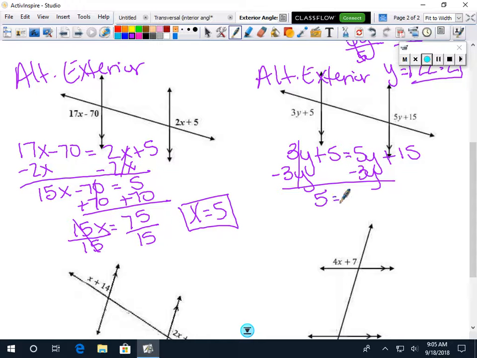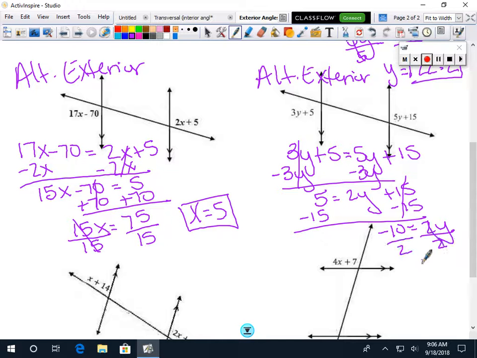I get 5 is equal to 5y minus 3y, which is 2y, plus 15. So I subtract 15. I get negative 10 is equal to 2y. Divide by 2, and y is equal to negative 5.